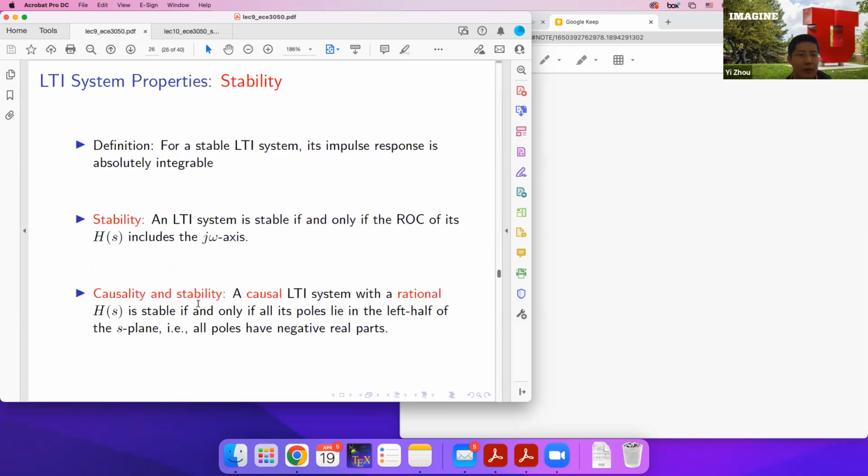Now the key message is that for a rational LTI system, where rational means the Laplace transform takes a rational form, to be causal and stable, we must satisfy that all the poles of the rational Laplace transform must be in the left half of the complex plane. So their real parts, all the poles must be to the left of the y-axis.